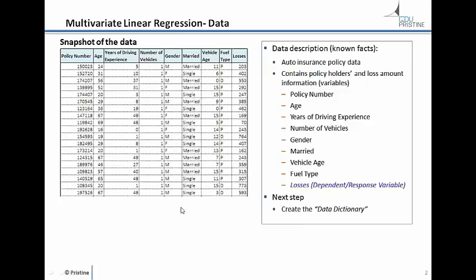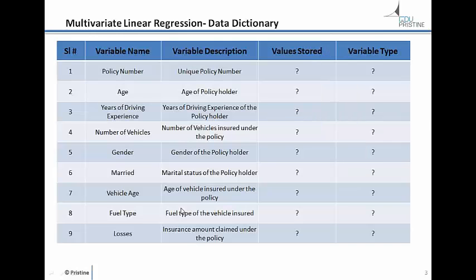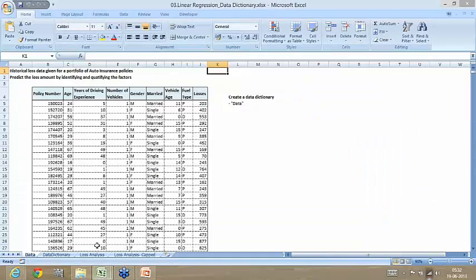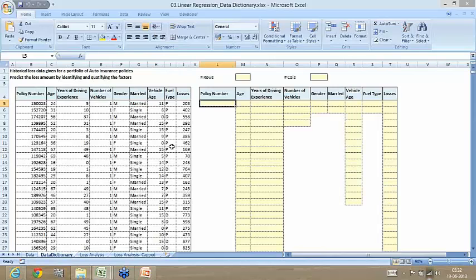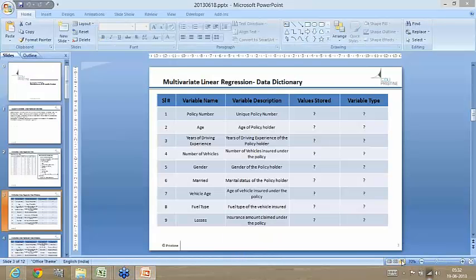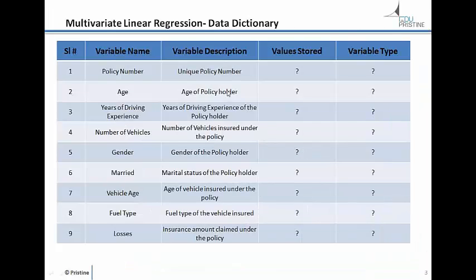Okay, so let's look at the data. So the data we have is this. Now, first, to create the data dictionary, we need to see what kind of variable it is. In this screen, it says policy number. Its variable description is unique policy number, right?